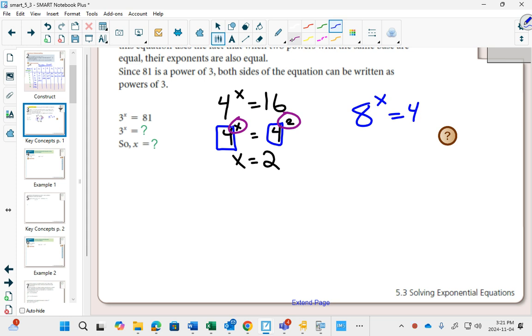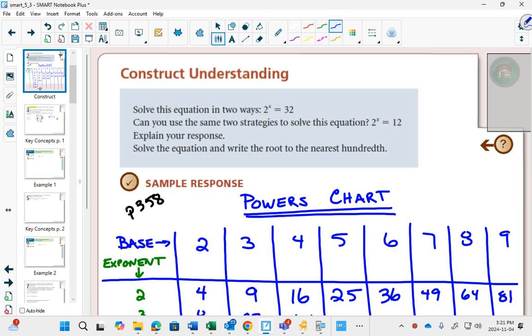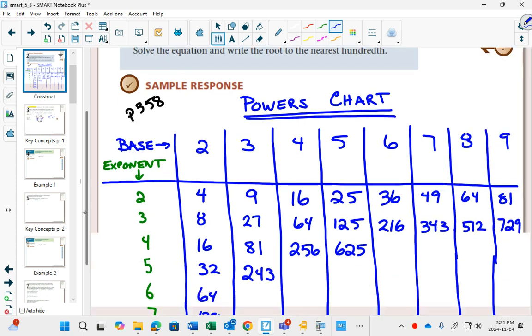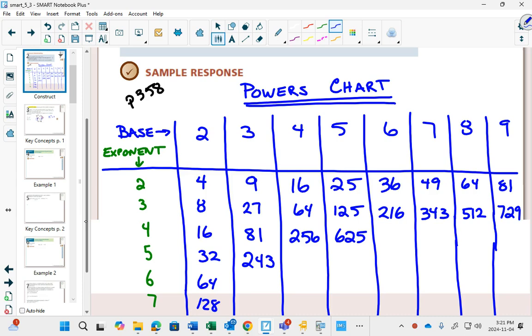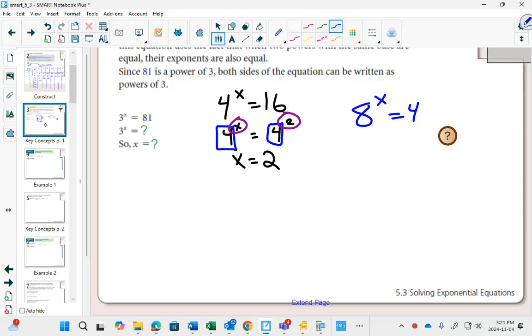So it's got to be something between 0 and 1, but the mental math here isn't quite as easy. But on my powers chart, do you see that both 8 and 4 are in the same column as the 2? So I could rewrite 8 as 2 cubed, put it in brackets, still have an x in the exponent, and I could rewrite 4 as 2 squared.